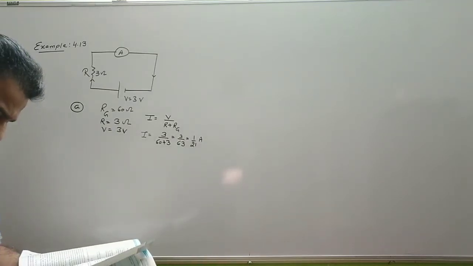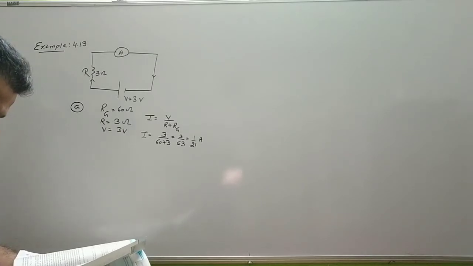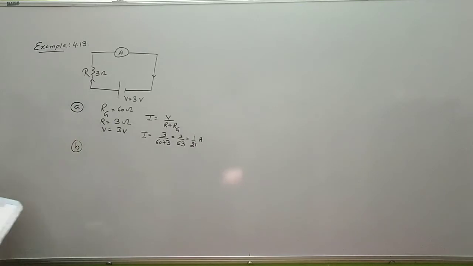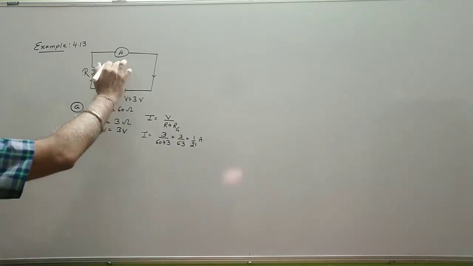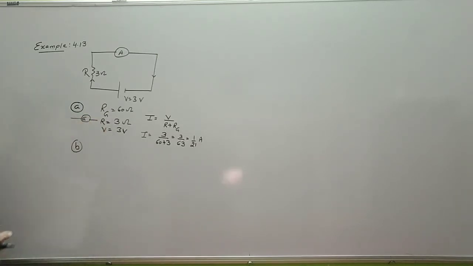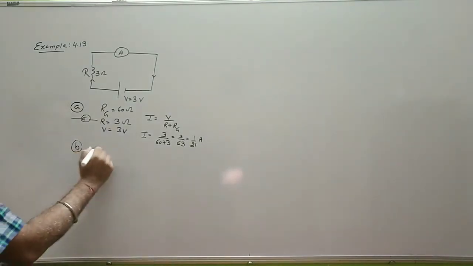is a galvanometer described in A but converted to an ammeter by a shunt resistance. So in the first part, we assumed this ammeter to be a galvanometer. Now it says that we convert this galvanometer into an ammeter by a shunt resistance.